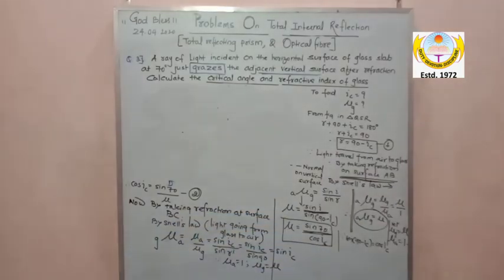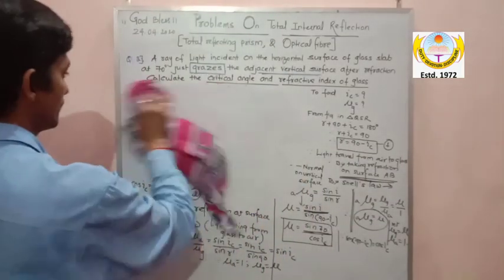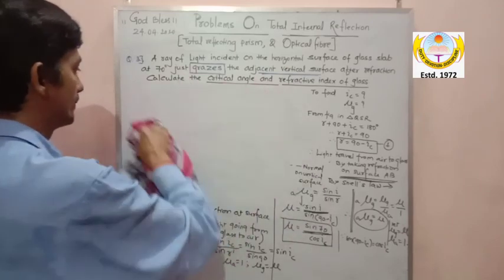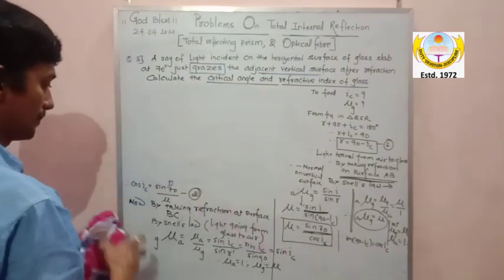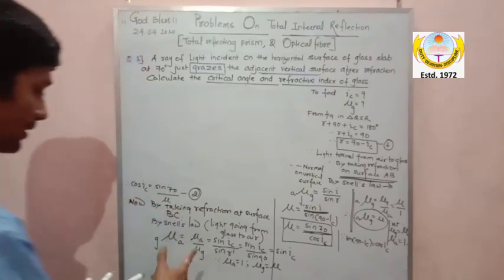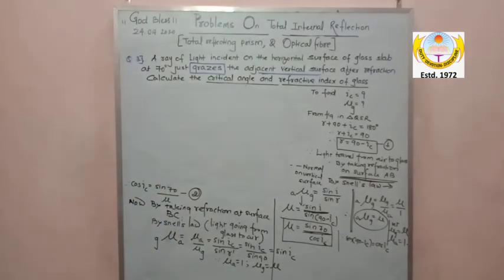This is a very good question. So mu A is equal to 1 and mu G is equal to mu.